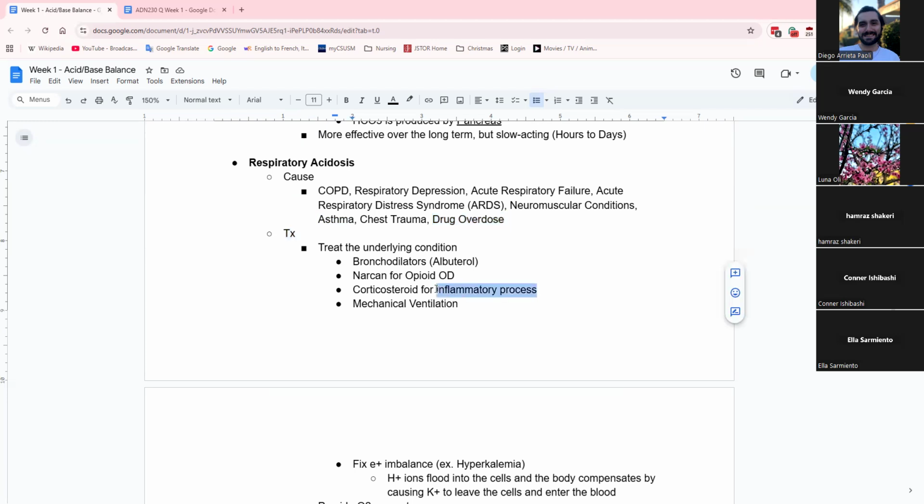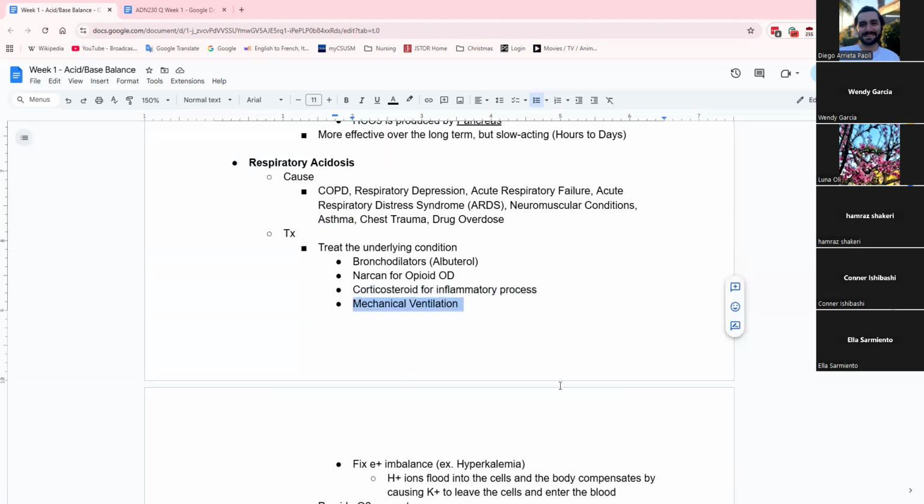Inflammatory process, in this case, would be something like COPD, like acute chronic bronchitis, you have an inflammatory process there. ARDS is an inflammatory process. Steroids help with asthma as well because you have constriction of the airway. So steroids, albuterol. If it gets to a point where they need help to breathe, mechanical ventilation.